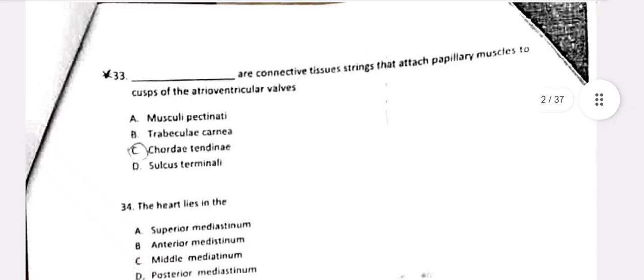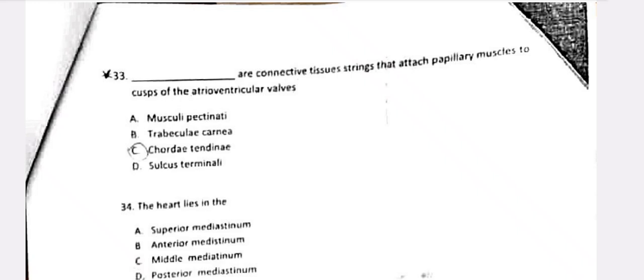Before I answer, what do you think is the best option here? The correct option is the chordae tendineae. This is a connective tissue that is attaching the papillary muscles to the atrioventricular valves. Those valves in the heart, like the tricuspid valve and the mitral valve, we collectively refer to as the atrioventricular valves.